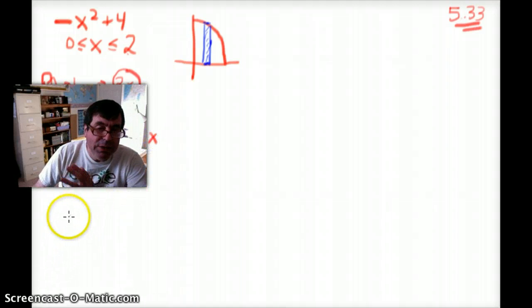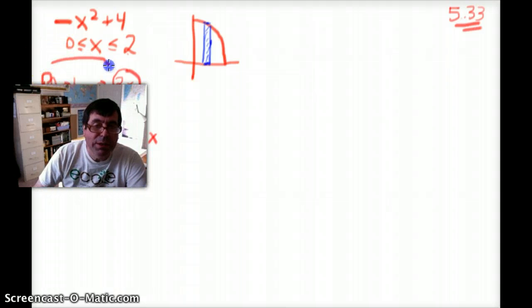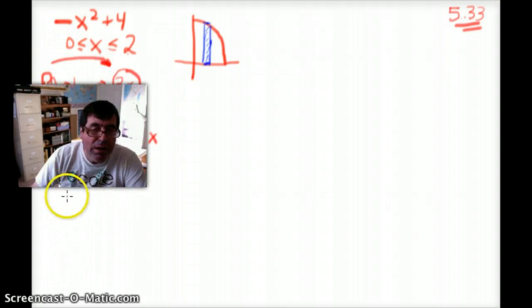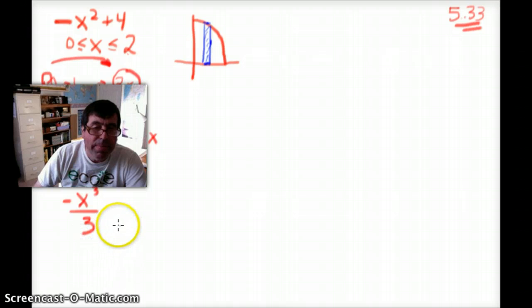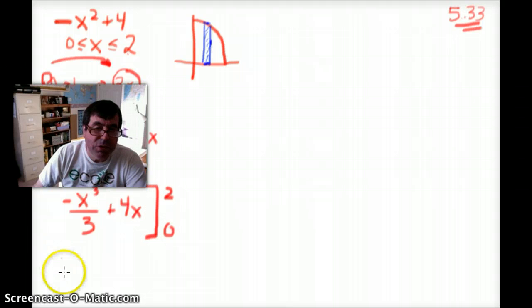And doing integral calculus, again, I'm cutting all the way from the beginning to the end, we're going to get something that looks like this: negative x cubed over 3 plus 4x. And we're going to evaluate this for the number 2 first and then 0. Now let's plug a 2 in there. I get negative 8 over 3 plus 8. And if I plug a 0 in there, I just get 0.